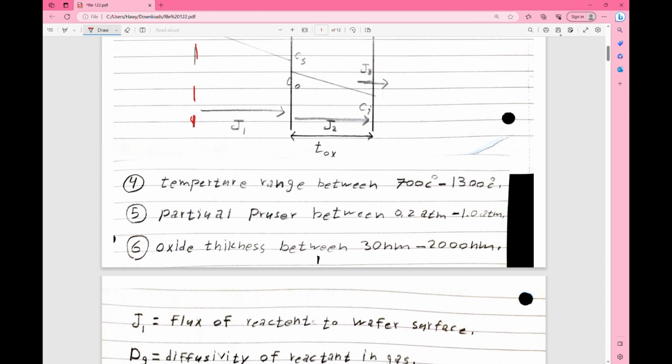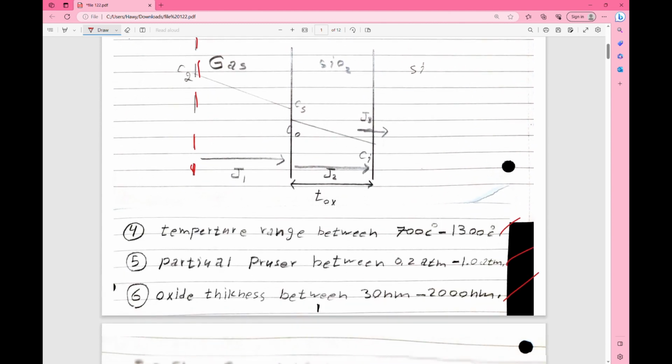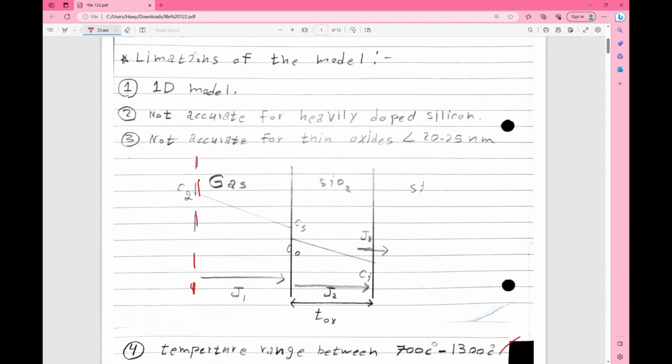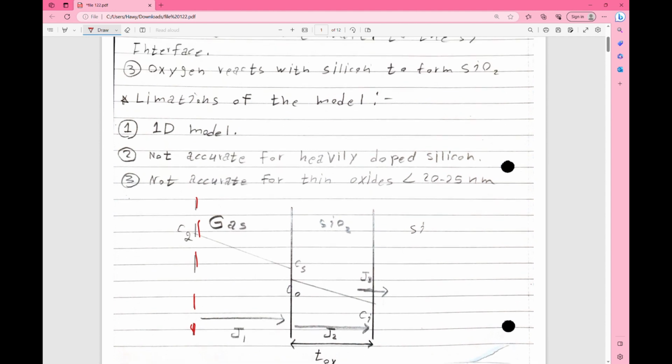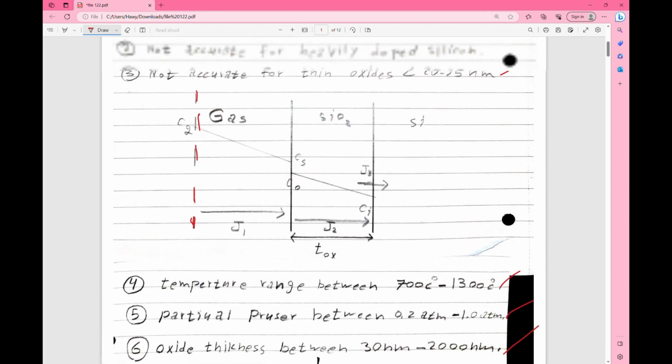You should know this, the situations and the limitations of the model, that it's not used for all situations. This is very important. You should pause the video and read it, please.